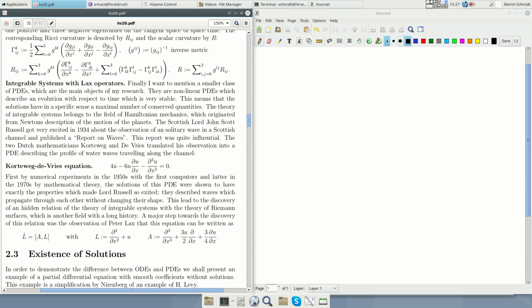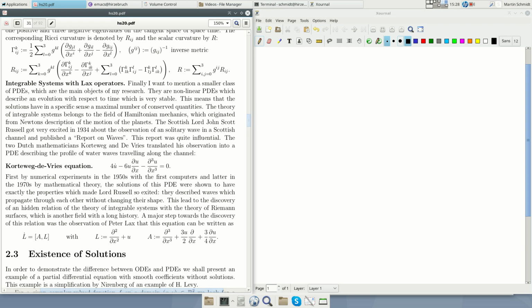And now this is very interesting, that first by numerical experiments and later by mathematical theory, it was shown that this PDE has exactly the properties which made Lord Scott Russell so excited.